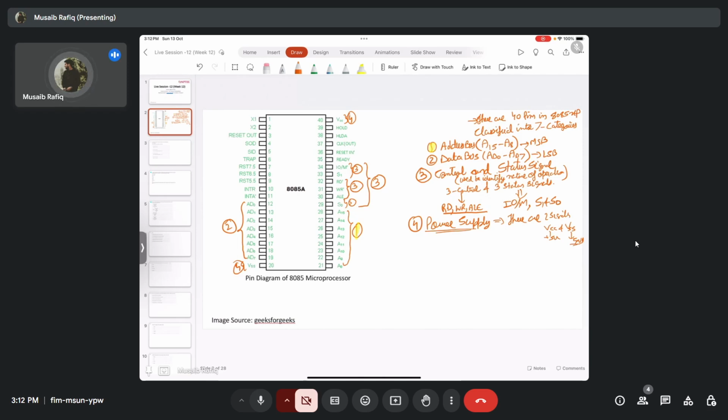Now coming to the fifth category we have is the clock. The clock category will have three signals: X1, X2, and clock out.